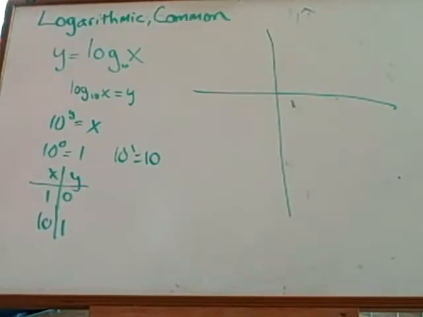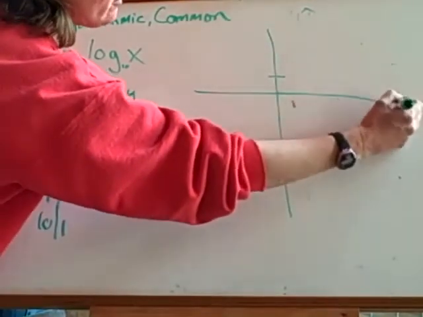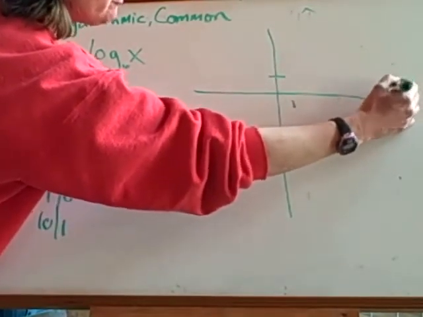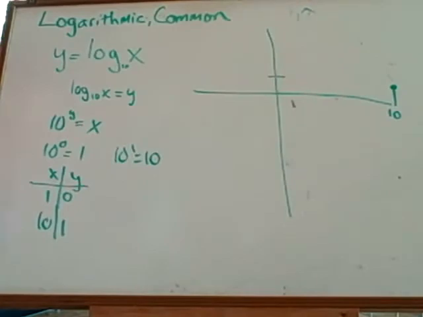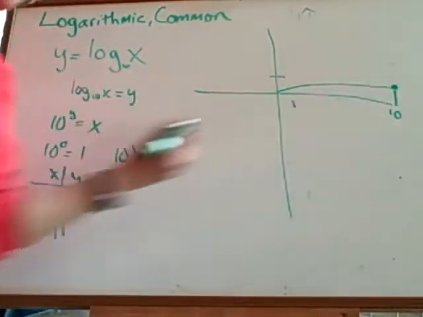You can always tell what base your log is because the y will equal 1 at that point. So way over here at 10, this is going to be up at 1. Are you seeing that? So it's going to look like this.